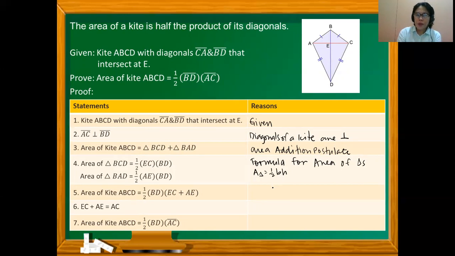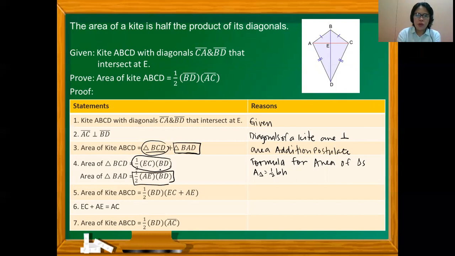Now, area of kite ABCD equals 1/2 BD times EC plus AE. Actually, since in the previous statement, area of kite ABCD is equal to the area of this triangle and this triangle. And we know that the area of this is equal to this one, while the area of this triangle is equal to this one.